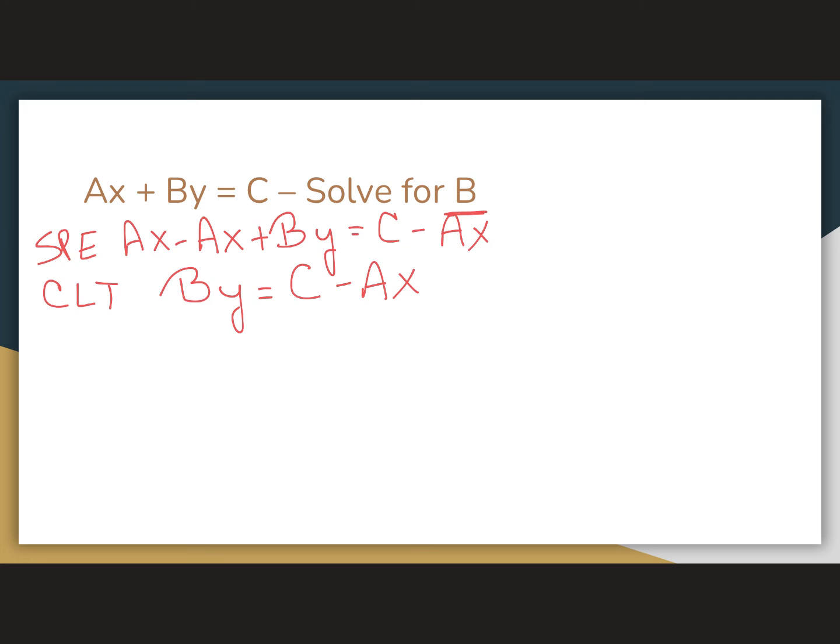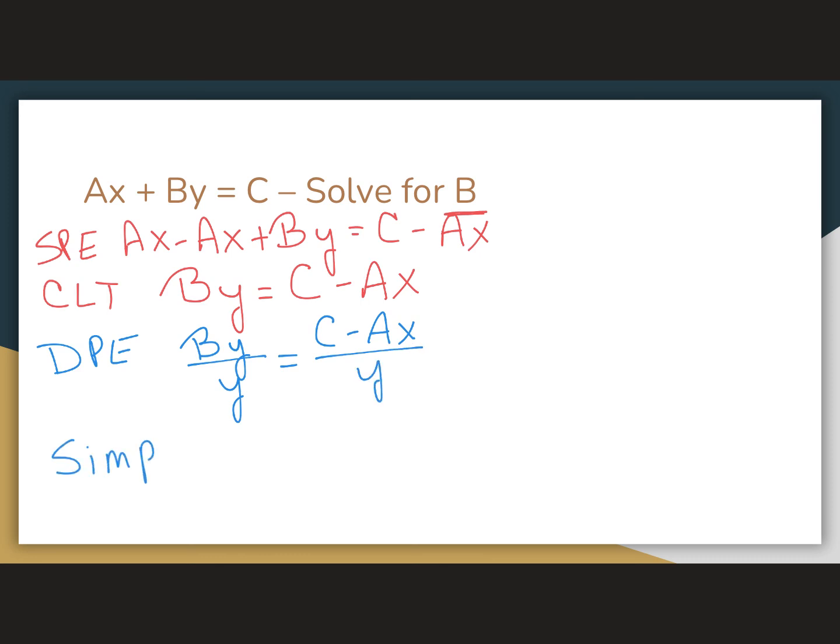My next step, because I need to get the Y away from my B, is I'm going to divide both sides by Y. So I have BY divided by Y equals C minus AX divided by Y. When I simplify that, Y divided by Y goes away. I get B equals C minus AX over Y.